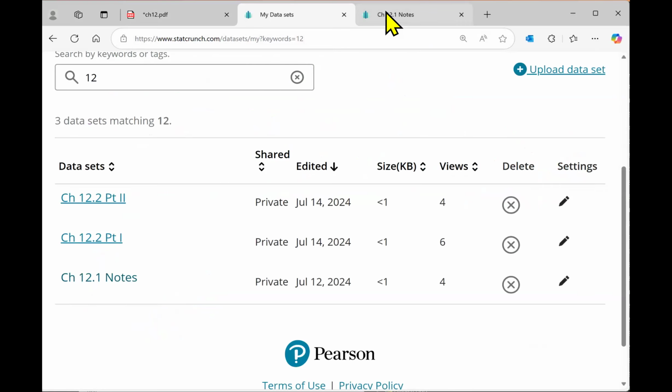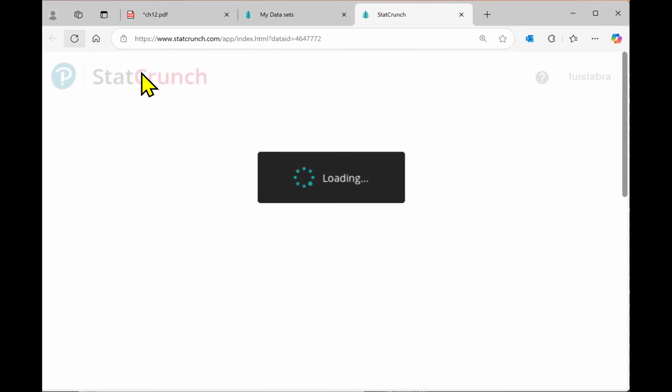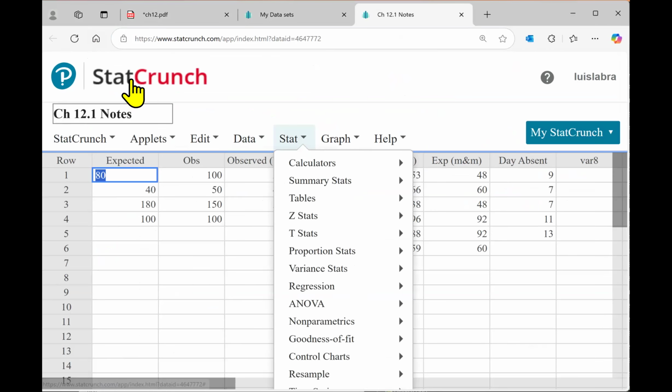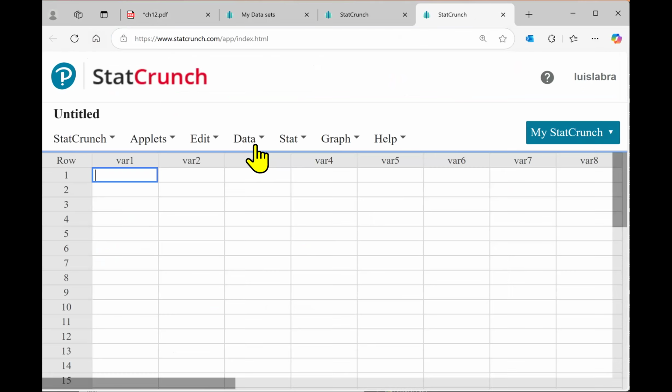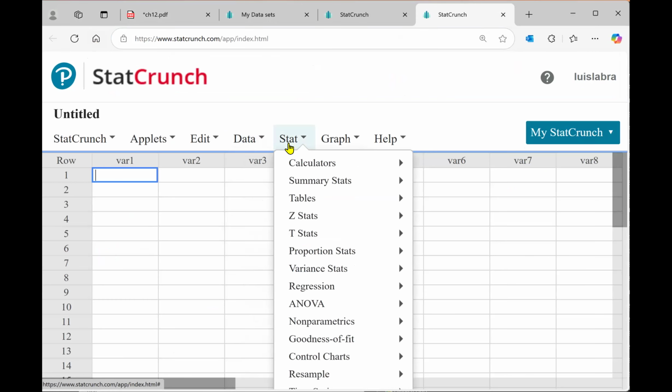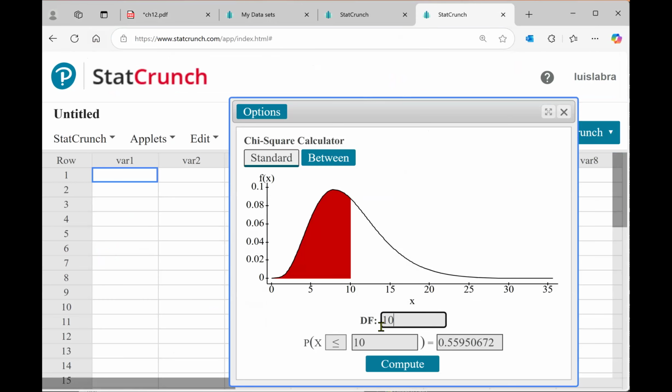Remember that we find that in StatCrunch. So we go to stats, calc, chi-squared.